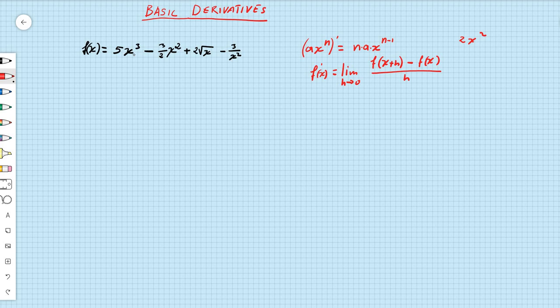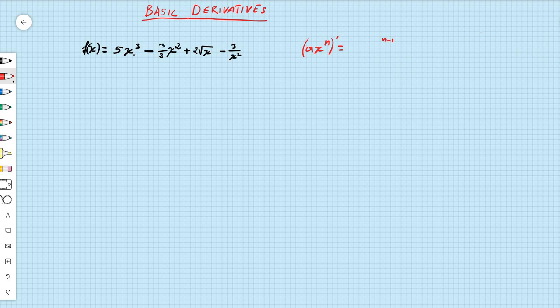In this function we have 2x squared, so our final function will be 2 times x plus h, everything squared. That's our f of x plus h. If you plug that in here and solve the limit, you'll find the same answer you found earlier. But today we'll just go with the basics. I'll talk about the definition in my next video, so stay tuned for it.